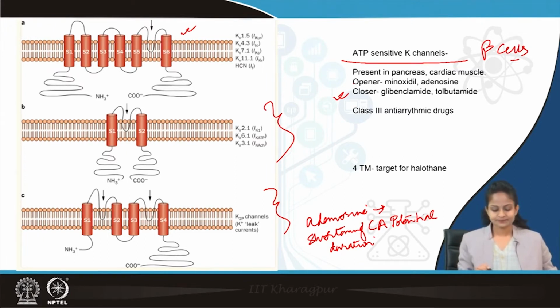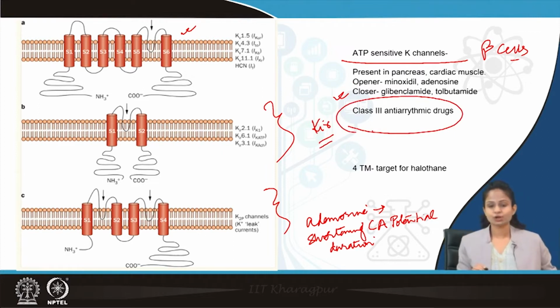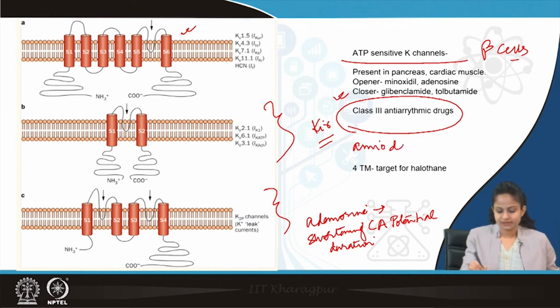Along with that, these inward rectifier potassium channels also play a very important role in the action of class 3 antiarrhythmic drugs. Class 3 antiarrhythmic drugs are nothing but the potassium channel blockers, for example amiodarone.